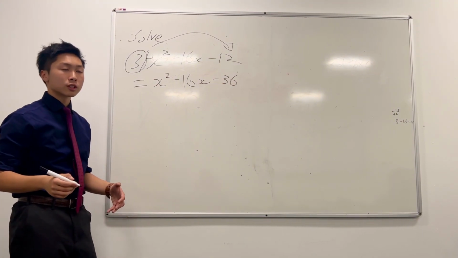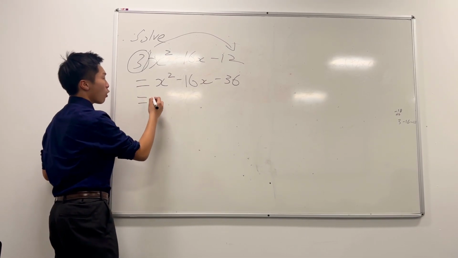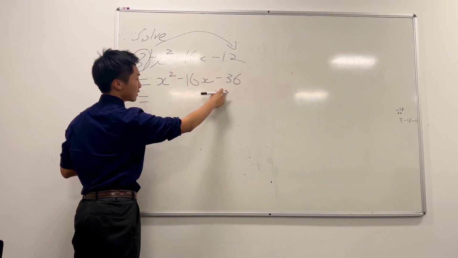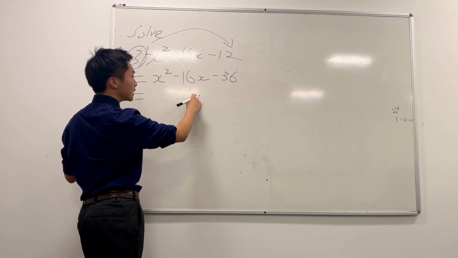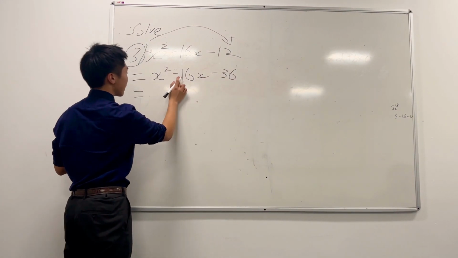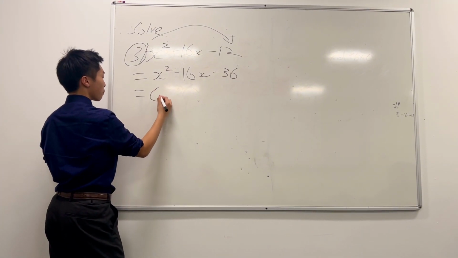And then you do it just like you would any other quadratic, right? So what adds up to negative 16 but equals negative 36? So that can be 18 and 2. But because this is negative, we know that this is negative 18 and plus 2. So these are the brackets that you will get.